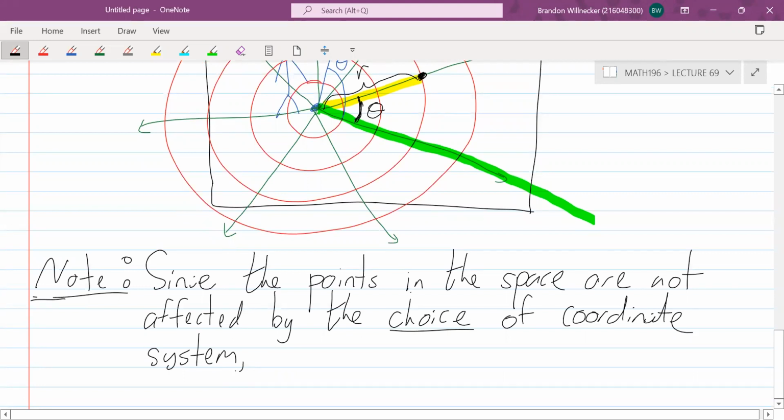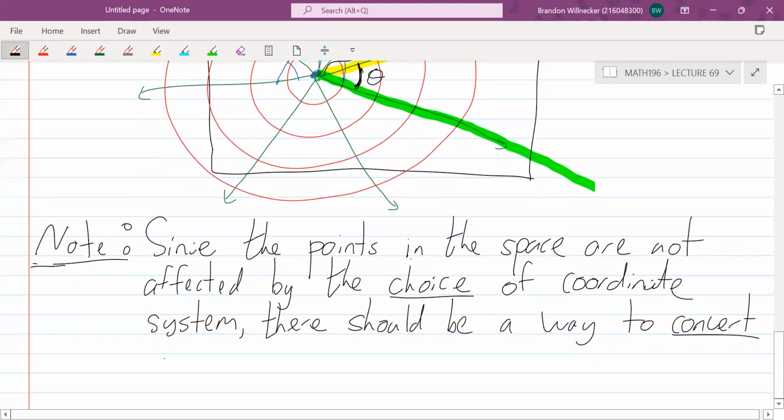It doesn't change the points in the space. They don't care what coordinate system you choose. There should be a way to convert from one coordinate system to another.